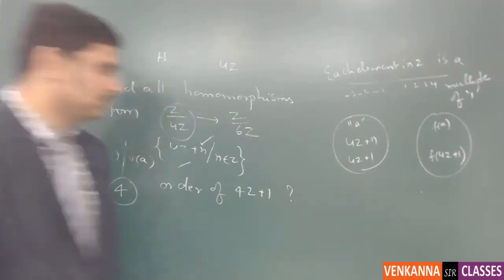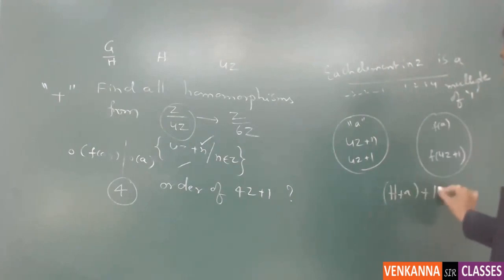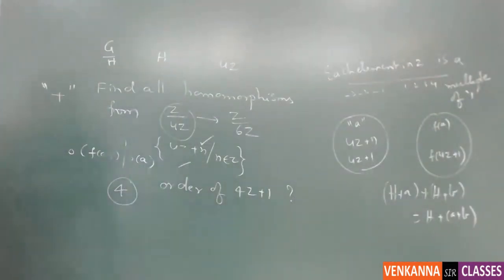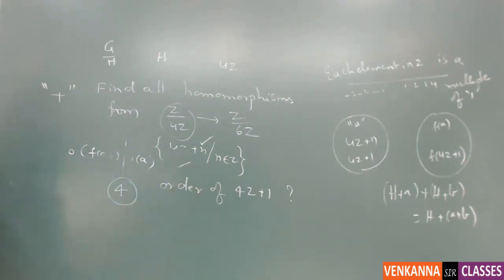Clear? Because H + a plus H + b is nothing but H + (a + b). This is the form of cosets usually. So only if you add the same element four times will you get the value 4Z. Accepted?